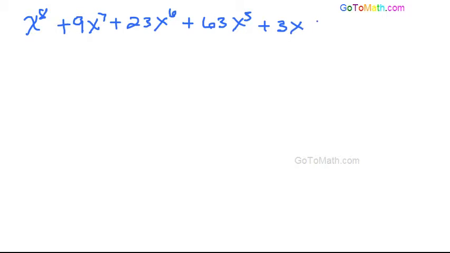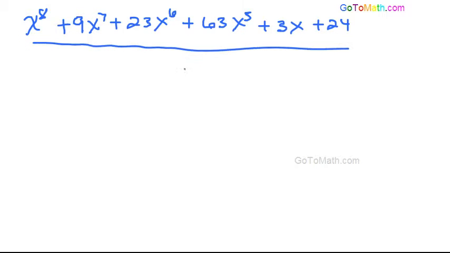X to the 8th, plus 9x to the 7th plus 23x to the 6th plus 63x to the 5th plus 3x plus 24, and that's going to be all over x plus 7.